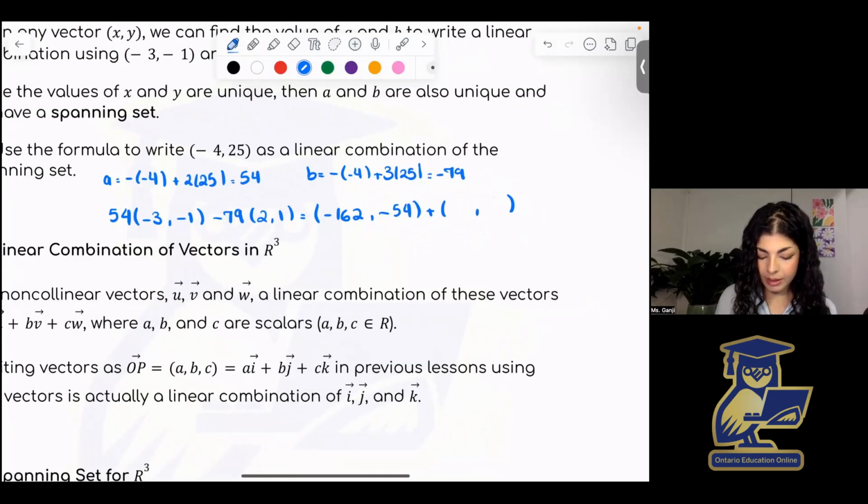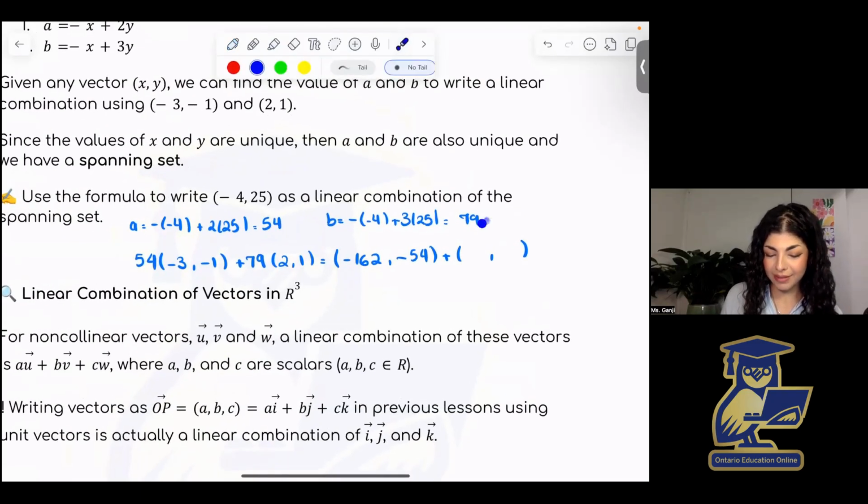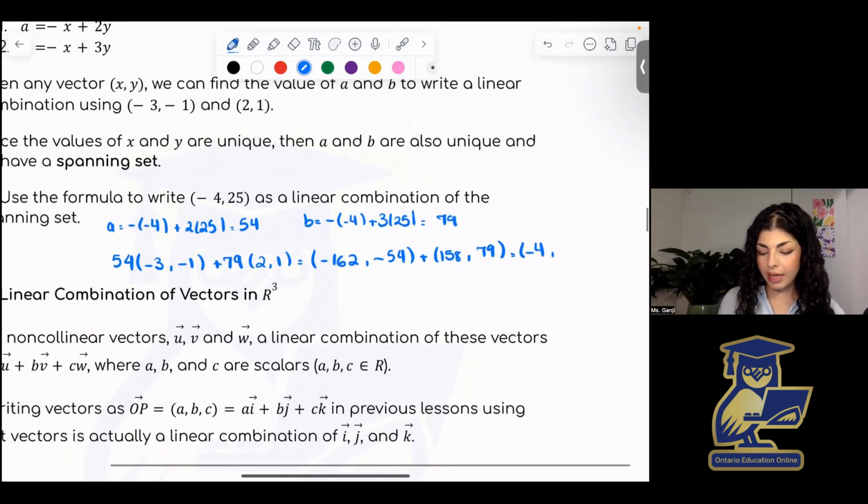And then in this part we have, oh my, so many errors. Okay, there we go. That one should have been positive 79. And then we get 158 here, and then 79. So now -162 plus 158 is equal to -4, and -54 plus 79 is 25, and that's exactly what we wanted.